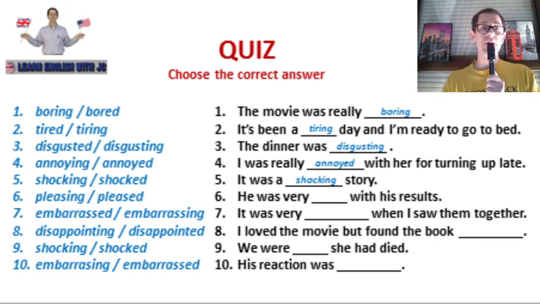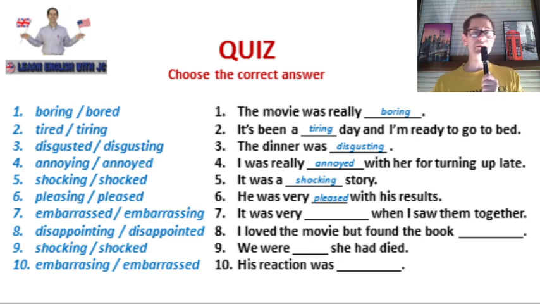All right, take a look at number 6. Now we're talking about his feelings, because it says he was very blank with his results. Now we are talking about his feelings, a person's feelings, in this case he. So the sentence becomes, he was very pleased.